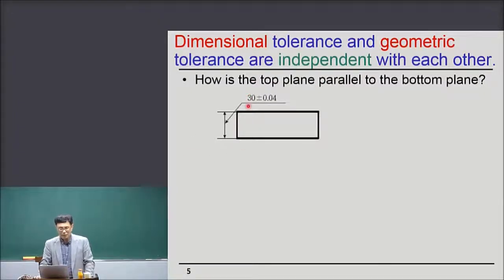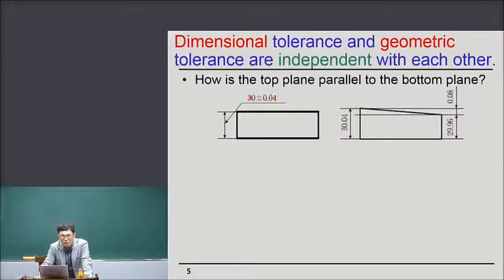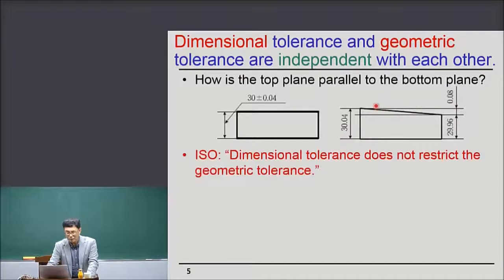If you see the dimensional tolerance of 30 plus minus 0.04, then some people may argue that if this edge length is 30.04 and this length is 29.96, since there is a range of 0.08, maybe the range of parallelism between the lower plane and the upper plane is 0.08, right?